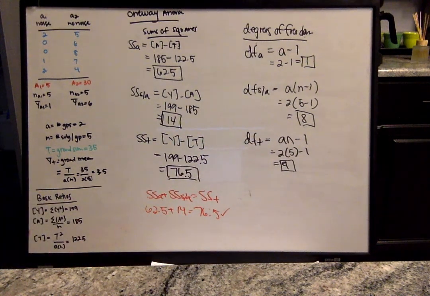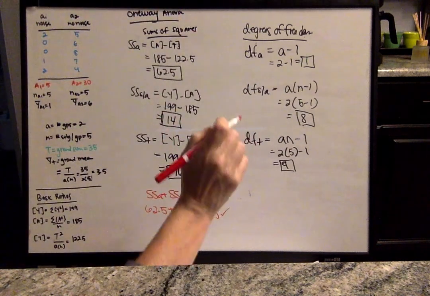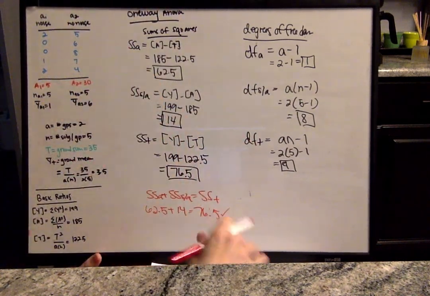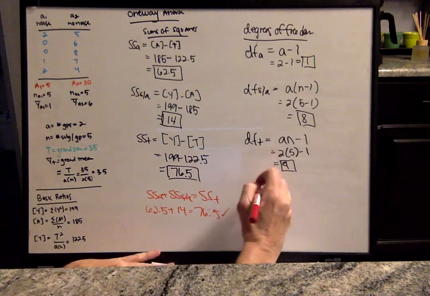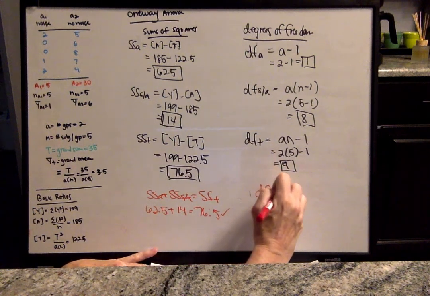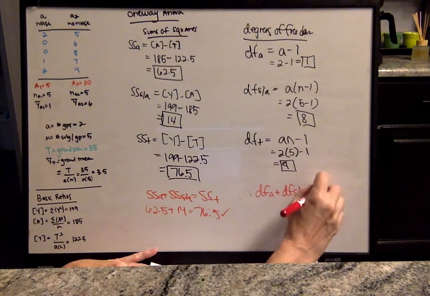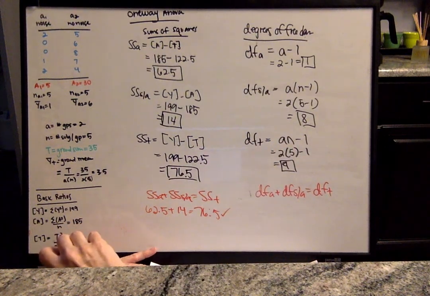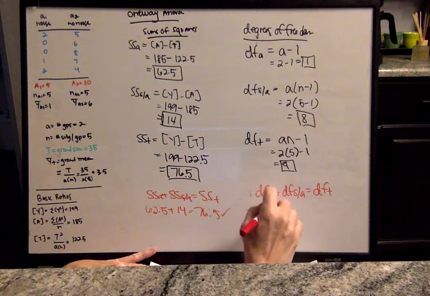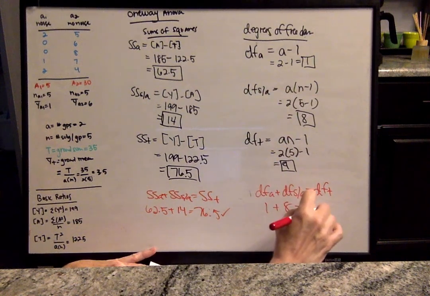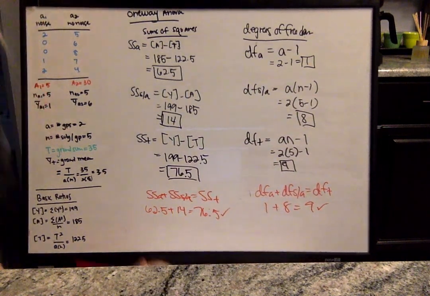Before we move on, there's a check that we can do at this step as well, and it's pretty much identical to the check that we used for the sums of squares. Our degrees of freedom A plus our degrees of freedom S over A equals our degrees of freedom T. So 1 plus 8 should equal 9, and it does.